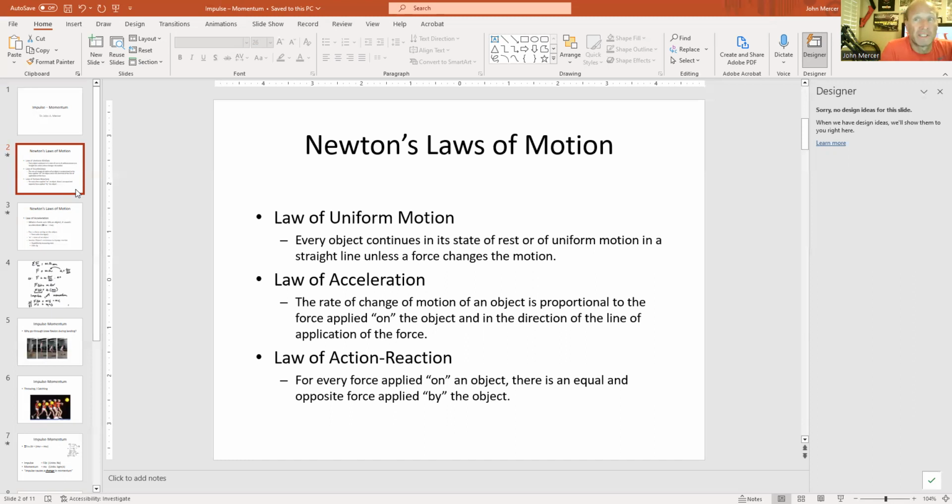The second law is really a definition of what that force is. So, law of acceleration. The rate of change of motion, the rate of change of velocity, which is ultimately acceleration of an object, is proportional to the force applied on the object, the magnitude of the force, and the direction and line of application of force. So whatever direction I'm pushing on, that tends to be the direction of change of motion that we're ultimately going to have. Now here, mass isn't in this definition, but other texts will say the rate of change of momentum in this definition.